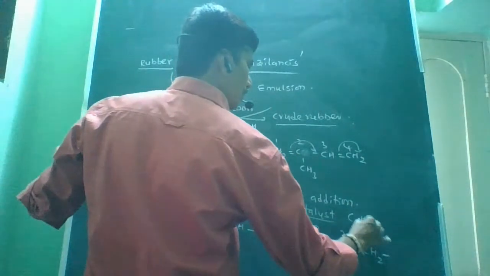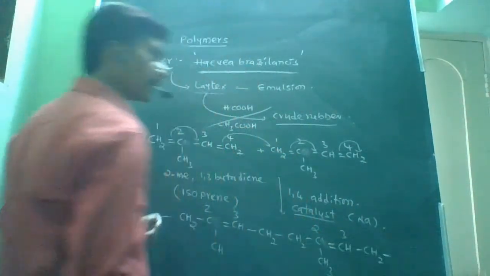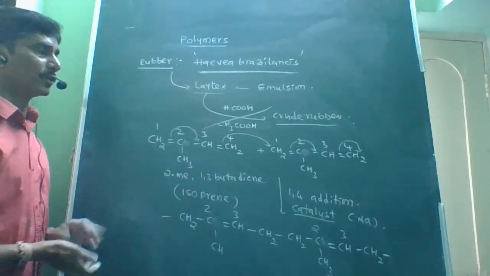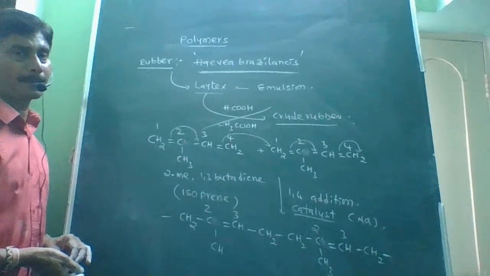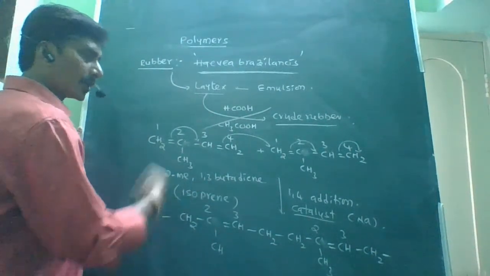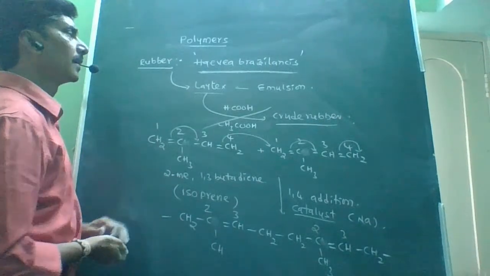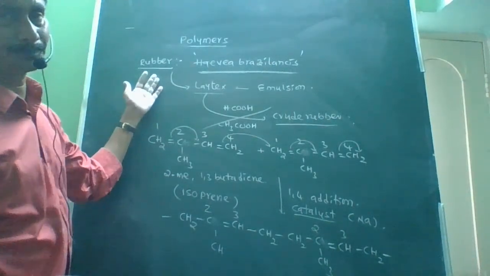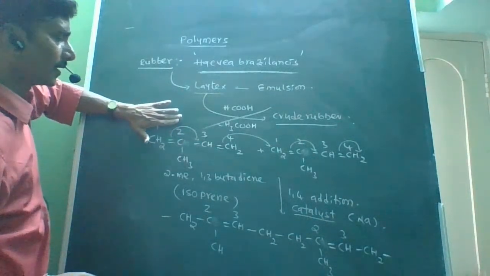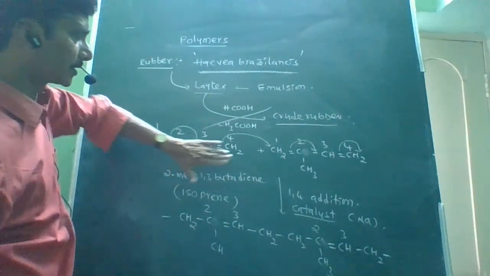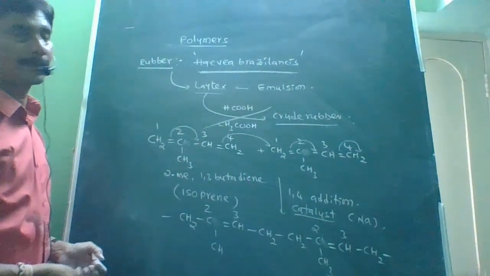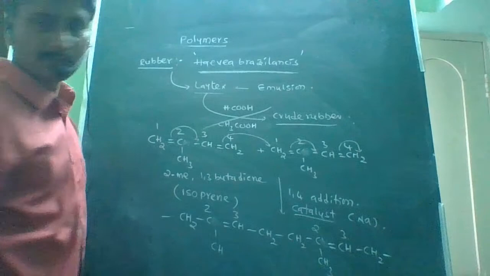Basically, sodium can also act as a catalyst for these isoprene units. When isoprenes join together, they form natural rubber. So the monomer present in the rubber is nothing but 2-methyl-1,3-butadiene, or isoprene unit. Look at this molecule.